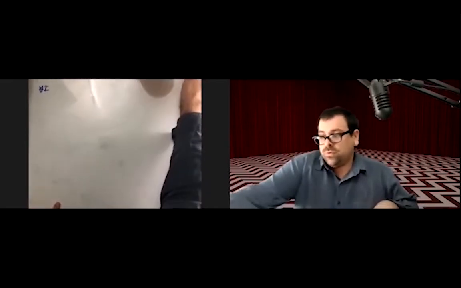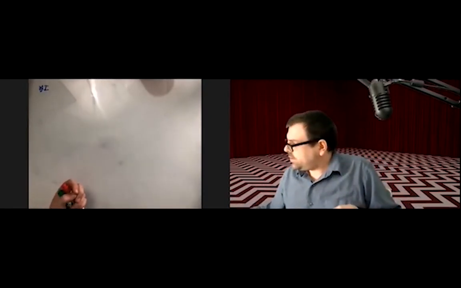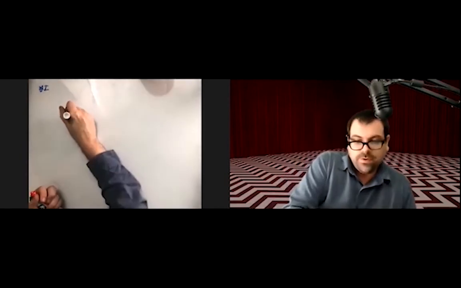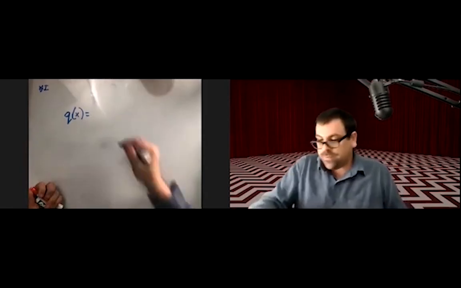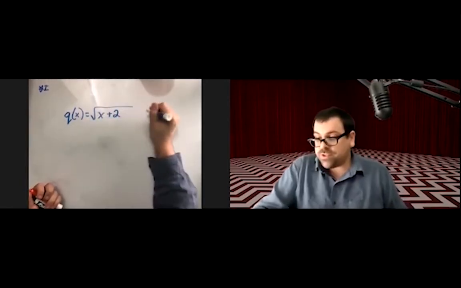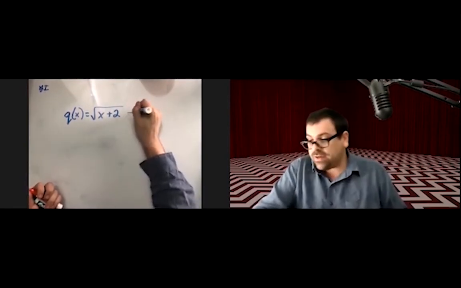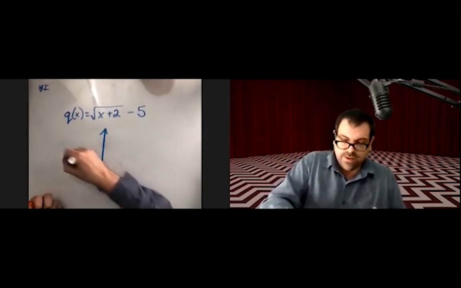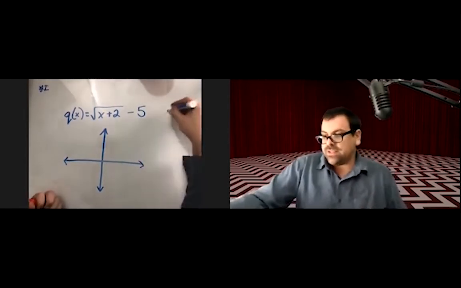Could we do one more of these? Yes, absolutely. Q of x equals the square root of x plus 2 with the plus 2 with the x, and then on the outside, minus 5. Watch this. We know the shape of the square root.